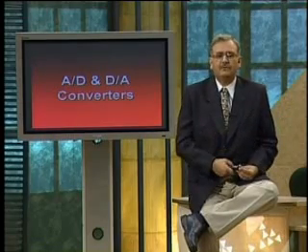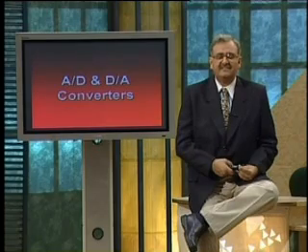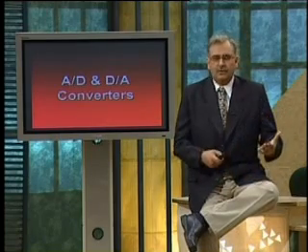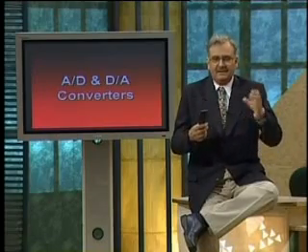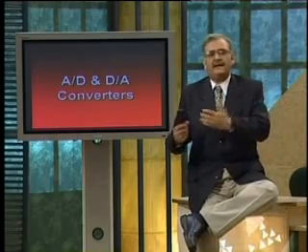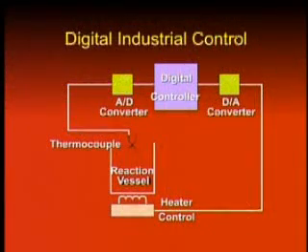Let us have a look at the diagram and see how the analog values are going to be converted into digital values, processed by a digital controller, and then the digital controller generated digital values are going to be converted back into the analog form. The diagram shows a reaction vessel inside which the chemical reaction is taking place.